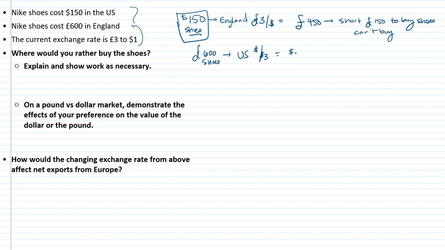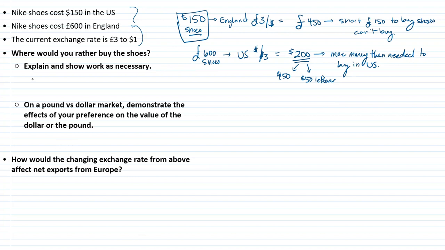So my 600 pounds would become $200, right? 600 pounds divided by 3 becomes $200. $200 means I have more money than needed to buy shoes in the US. So I would much rather, if I had pounds, turn my pounds into dollars, because really I could get a $150 pair of shoes and I could have 50 bucks left over to buy something else, or I could buy more shoes if I needed.